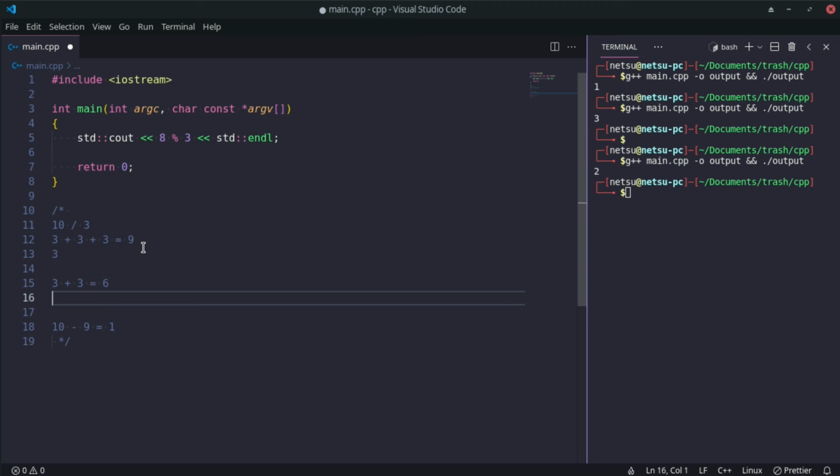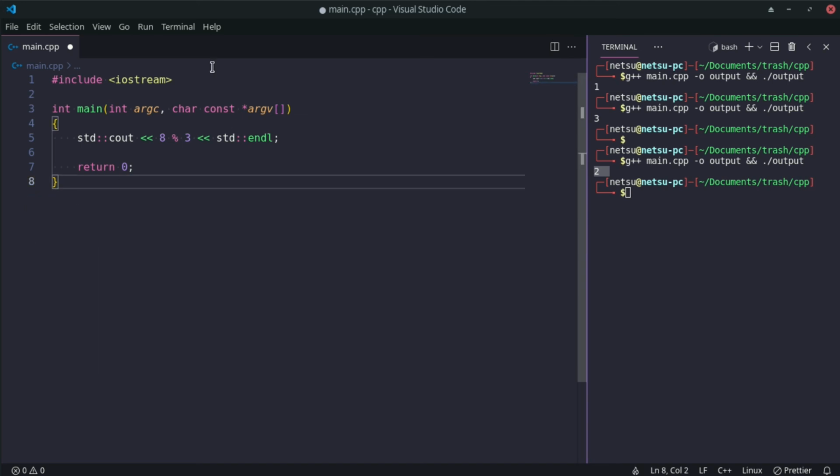So there are 2 left. So now we just say 8 minus 6, which is equal to 2. And there we go. That's basically what modulo does for us. So yeah, that's the basics of modulo. It basically gives you the remainder of a division, the whole number remainder, not the decimal point remainder. So yeah, those are the basic operators.